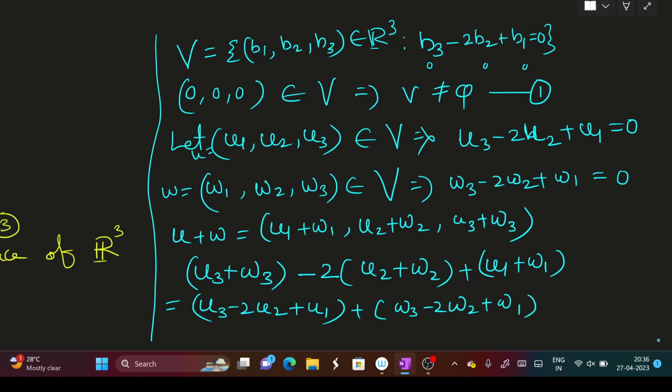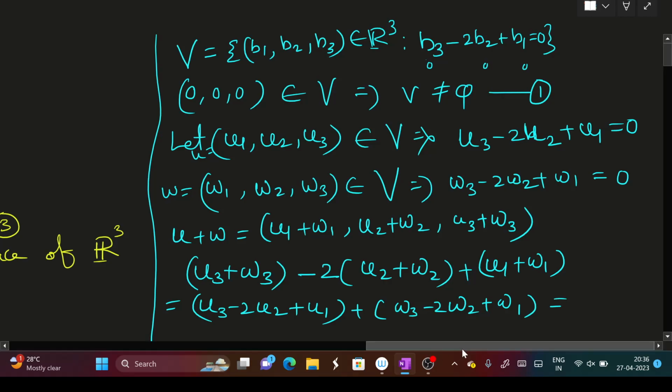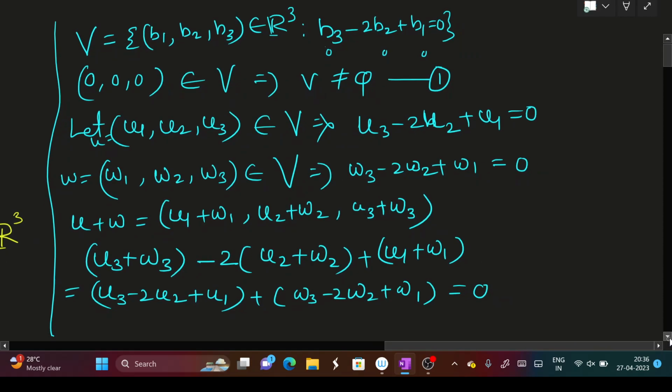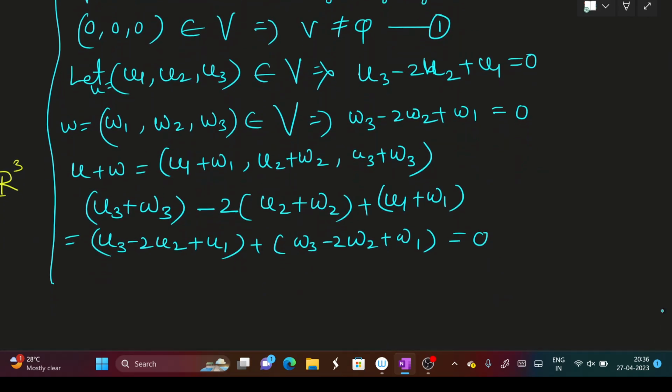Its value is 0 and its value is 0, which is equal to 0. So again this U plus W also satisfies the same condition. This implies U plus W belongs to V. That's why V is closed under vector addition.